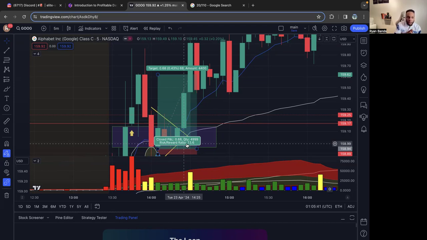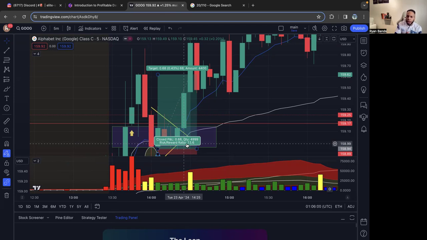Now, why is this so important? It's because if you can take 2 of these trades, 3 of these trades, and you lose like 6 trades, but you profit on 2 trades, if you have your proper risk to reward set up and you have proper risk management, you're still going to be crazily profitable, even with like a 30% win rate.